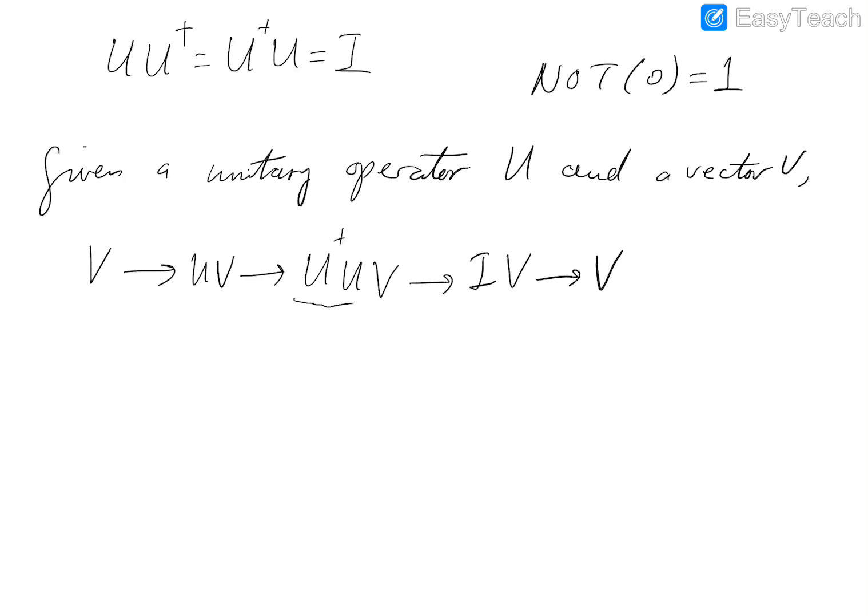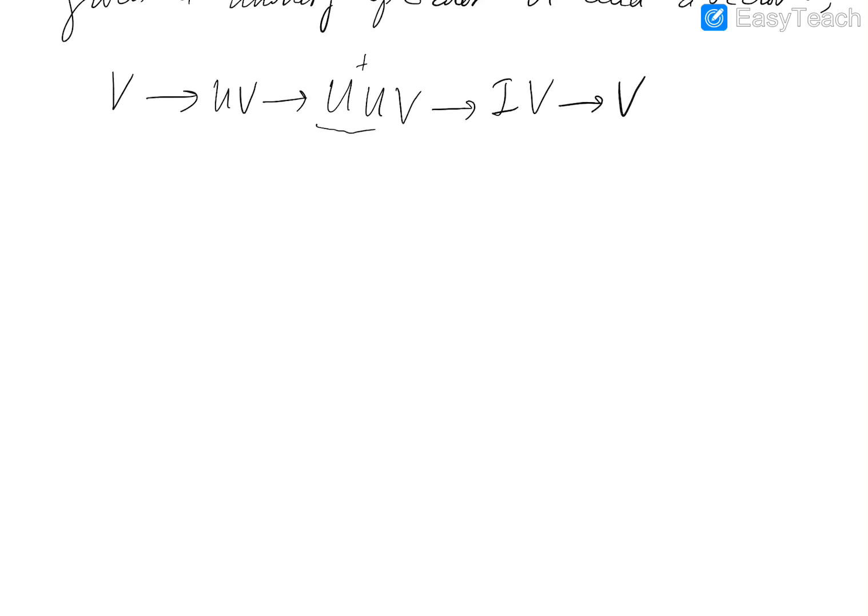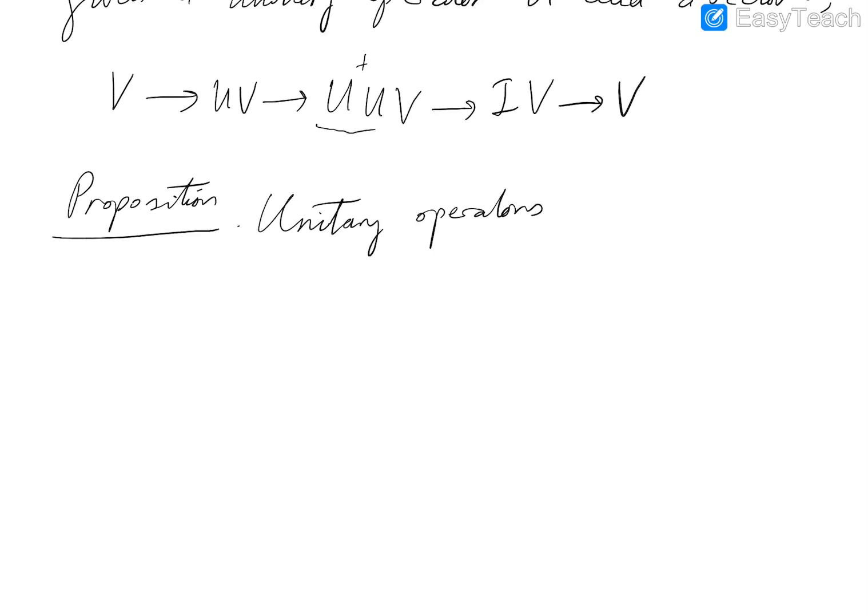Okay, so the second reason for using unitary operators in quantum computation is that they preserve inner products and the norm of the vector. Let's state them in a proposition. So unitary operators preserve inner products.